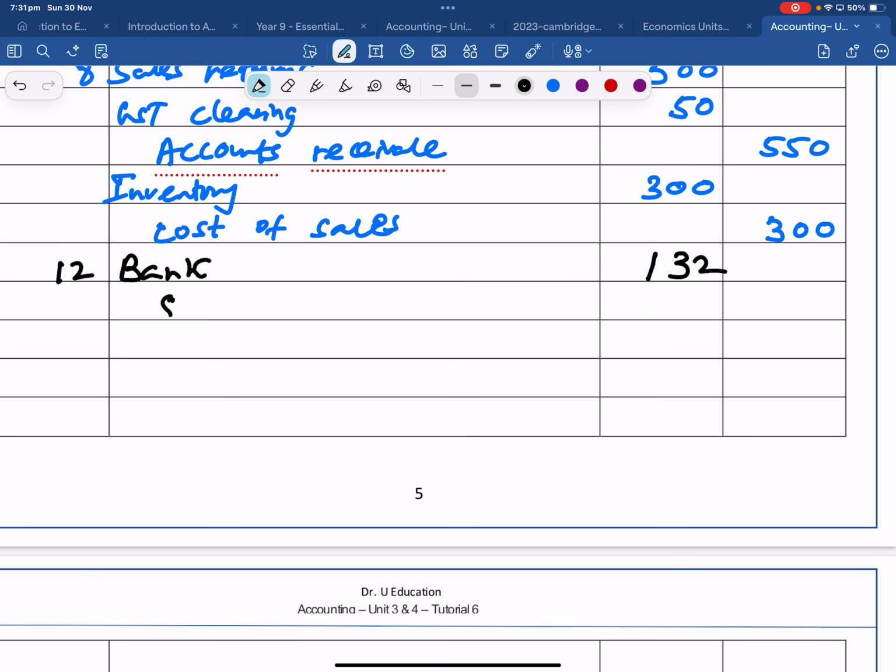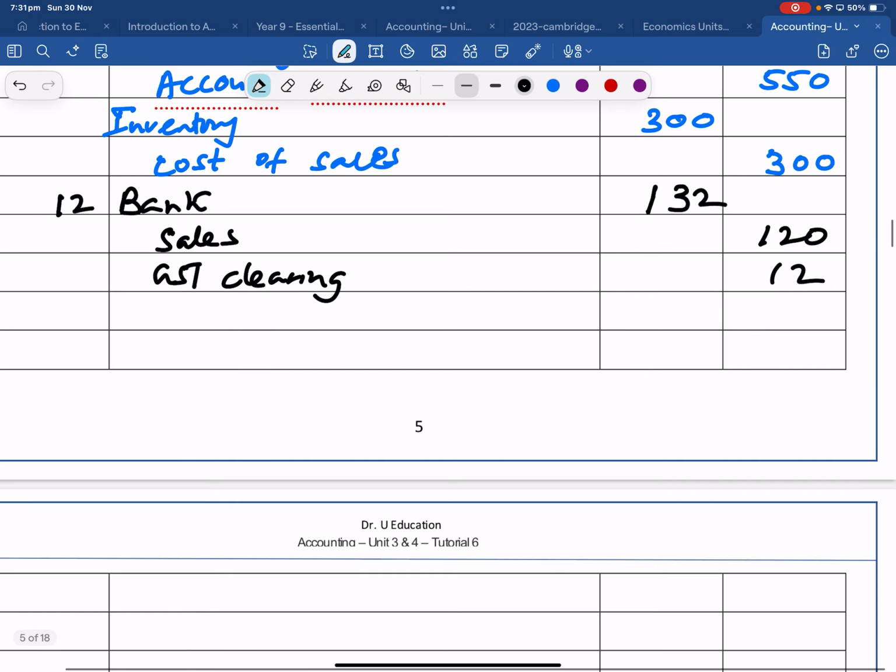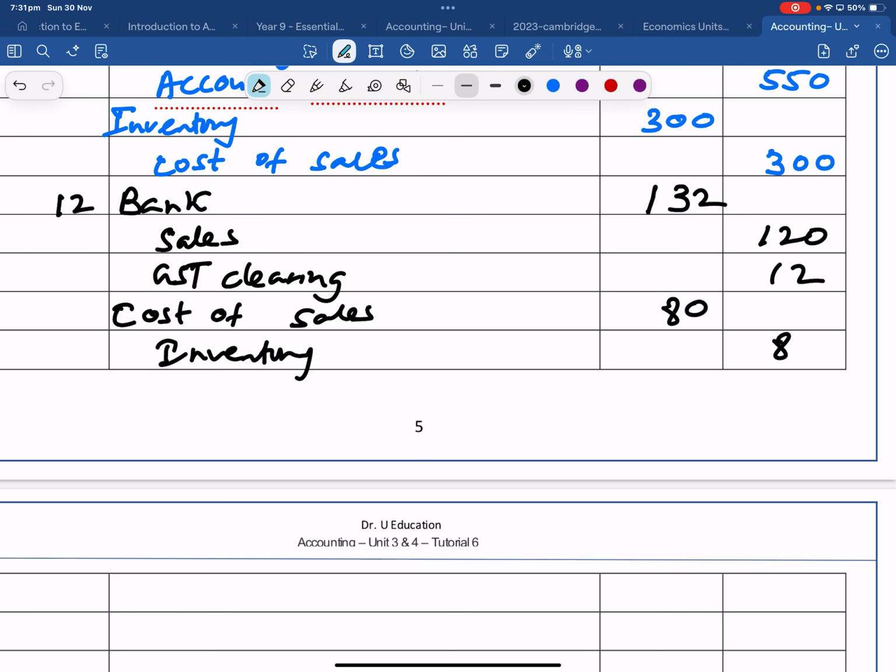Into sales 120, and GST 12. Why do we credit GST? Because you're selling and you're receiving money. We are collecting GST, so our liability increases. So cost of sales is debited 80 and inventory is credited 80.